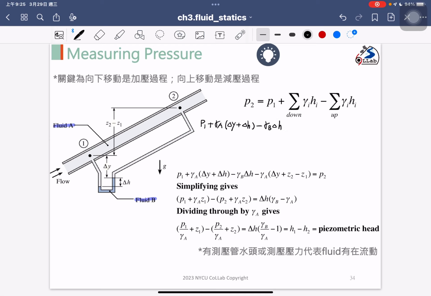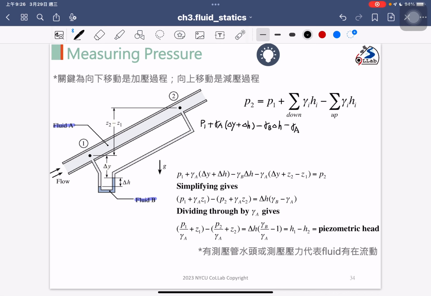Okay, and from this point we go back to the point 2 here. So the final one is still going up, but the fluid in here is gamma A. So again going up, we should have the minus, and the fluid is gamma A.